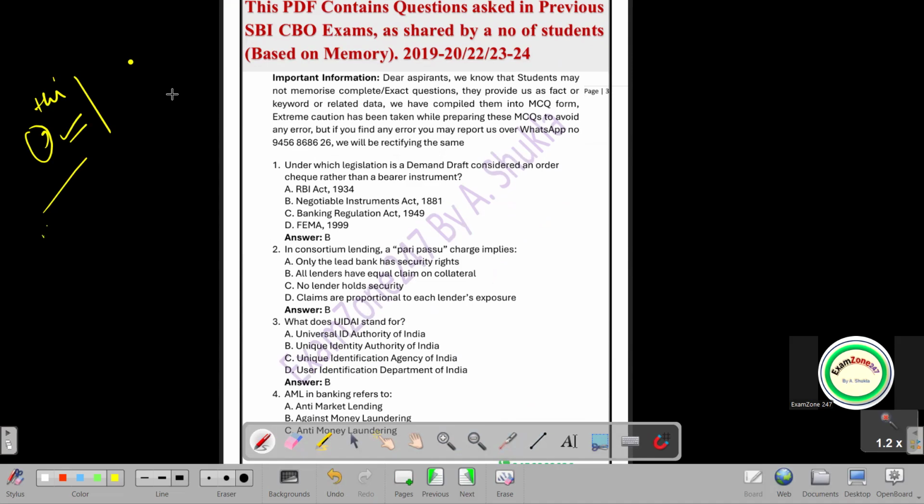They cannot learn the question word by word. They tell me this type of question was asked, and I have converted it into MCQ. Further, some questions were asked in a different way, and we have presented them in a different way because the exact same wording was not possible.